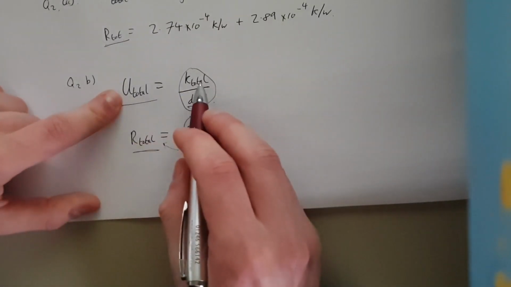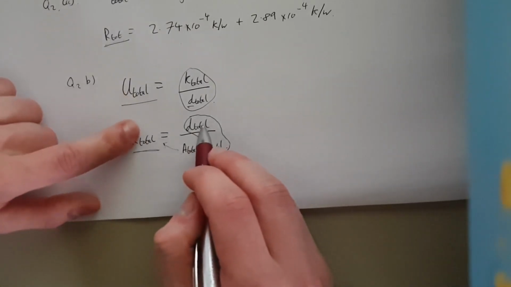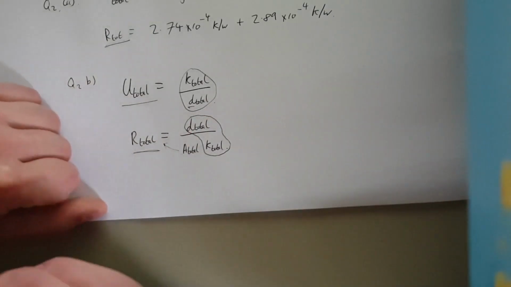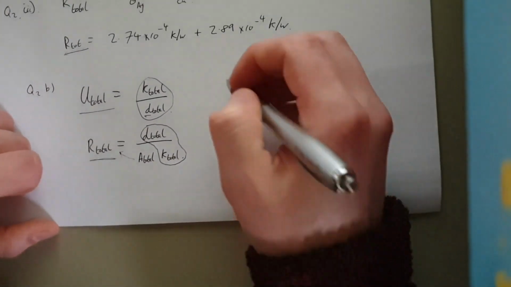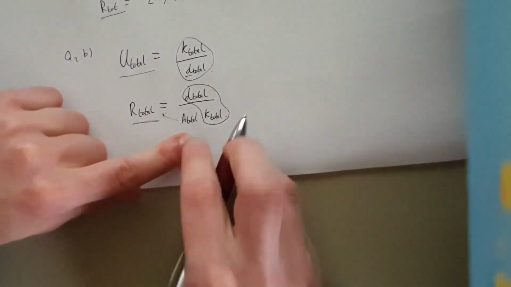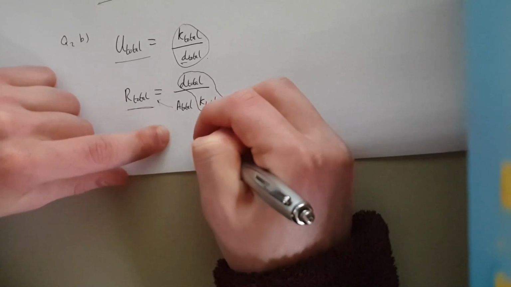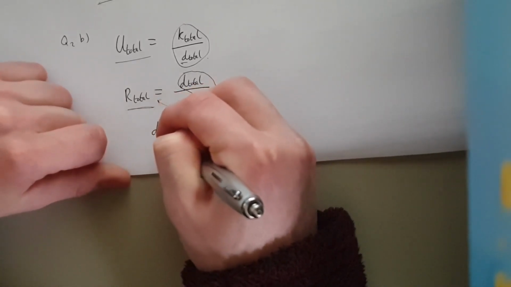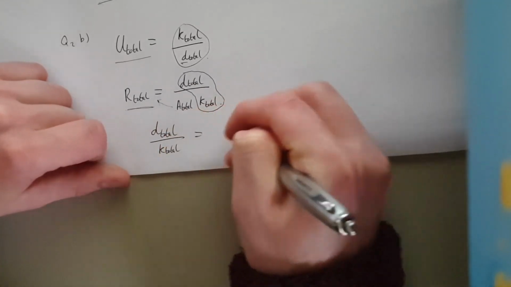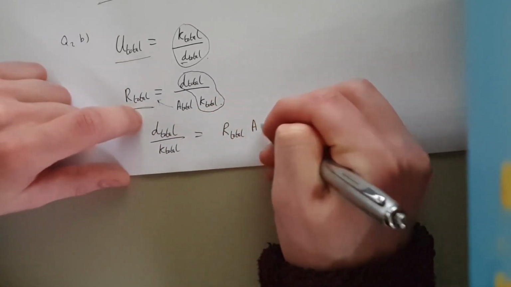So the U value is K over D. We know that R total is composed of D over K, so we can substitute that in. I'm just going to rearrange this for D over K first. So D total over K total is equal to R total times A total.